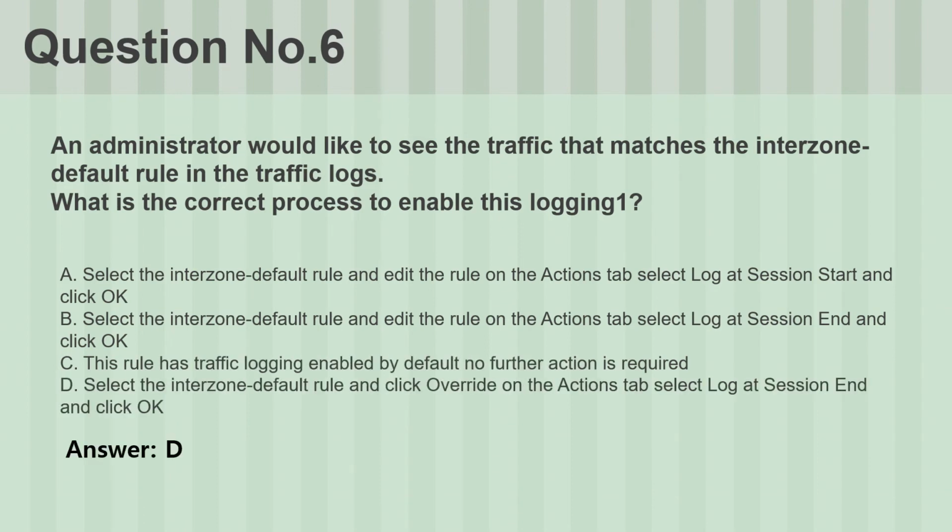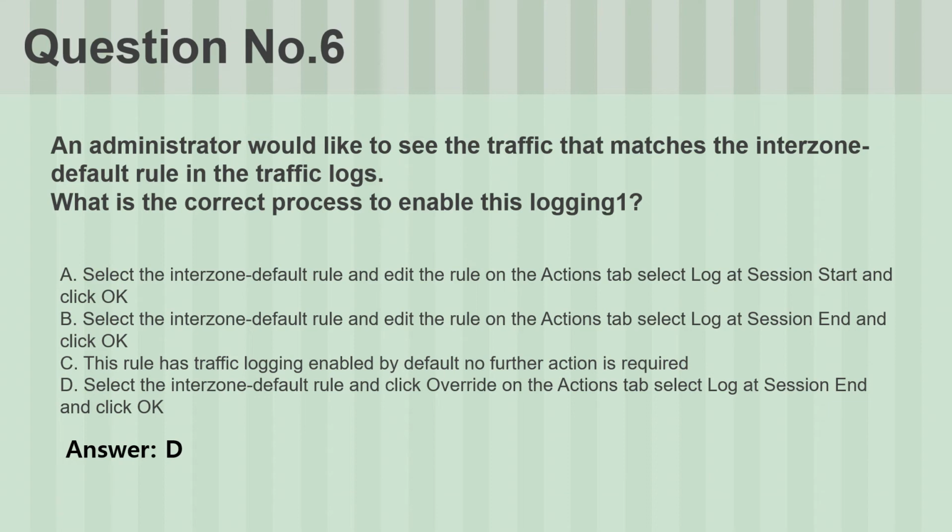Question number 6. An administrator would like to see the traffic that matches the interzone default rule in the traffic logs. What is the correct process to enable this logging? A. Select the interzone default rule and edit the rule on the Actions tab. Select Log at Session Start and click OK.